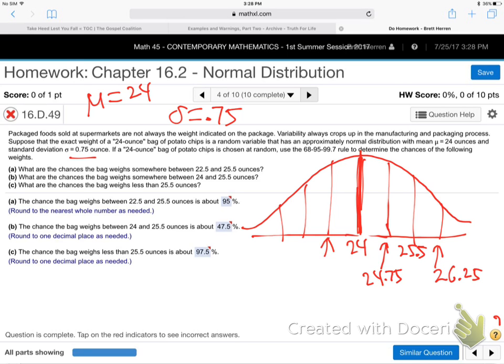And then down 0.75, so 23.25. And this is 22.5. And this is 0.75 less, so 21.75. Yeah, right. Okay. I think those are right.